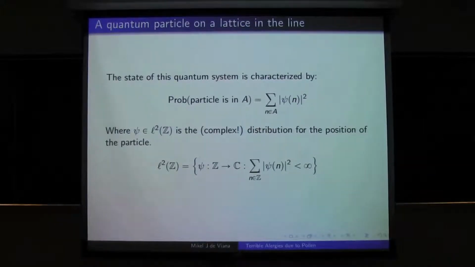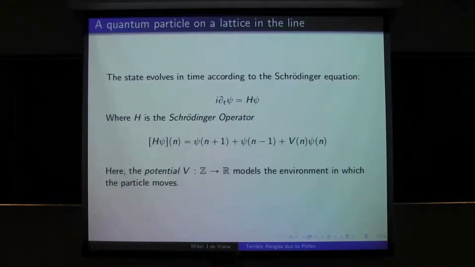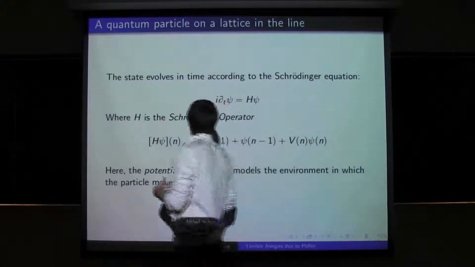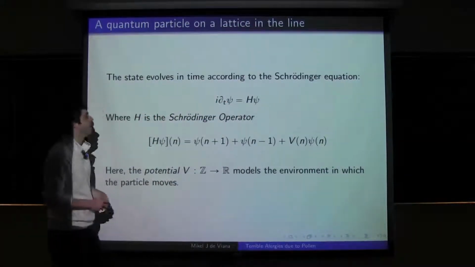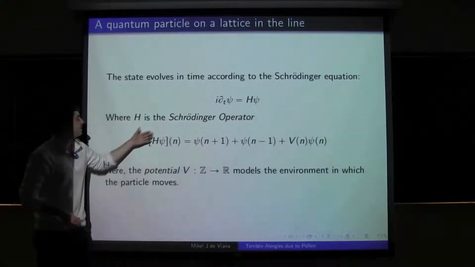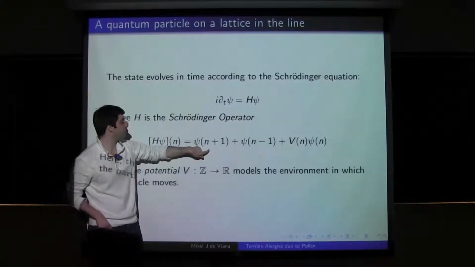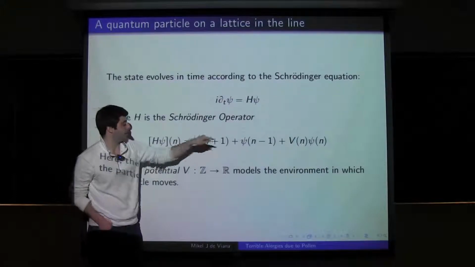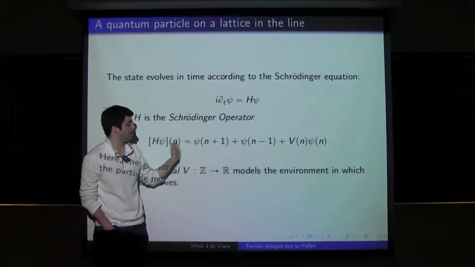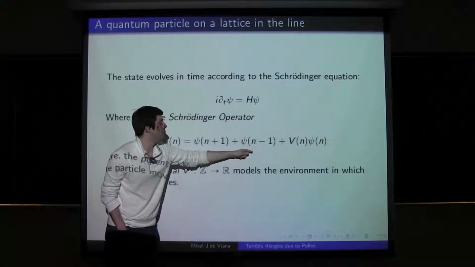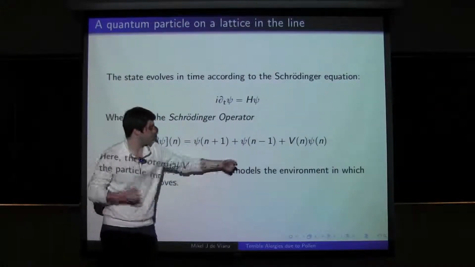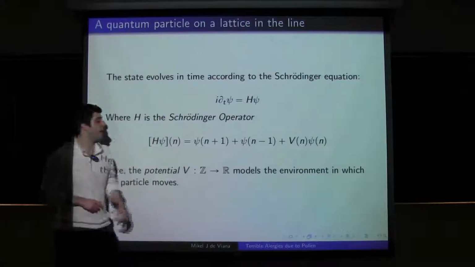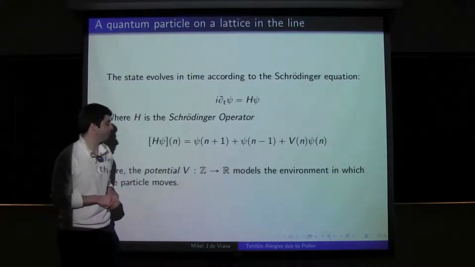Now, the evolution of the system has to obey the Schrödinger equation, where H is this interesting Schrödinger operator, where the next neighbor and the previous neighbor are involved, and V n is a potential.